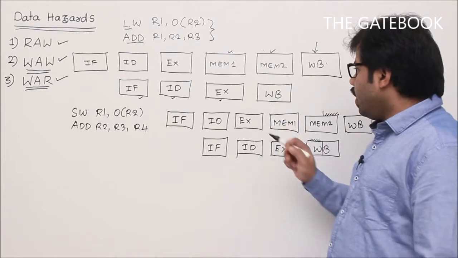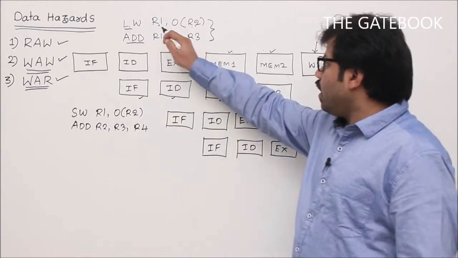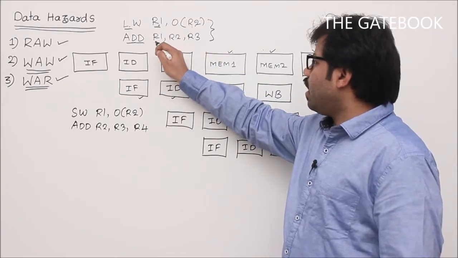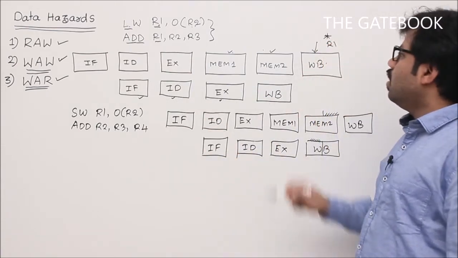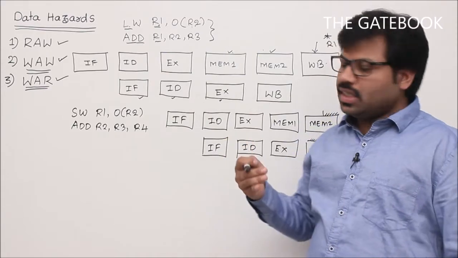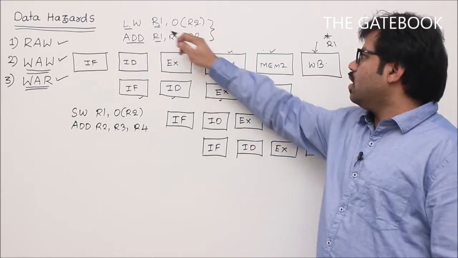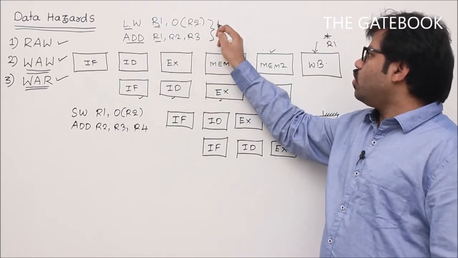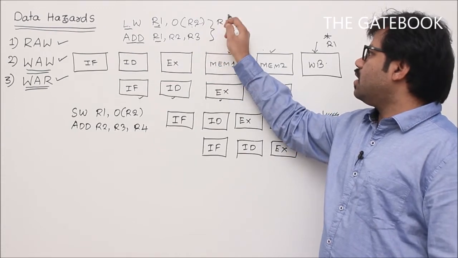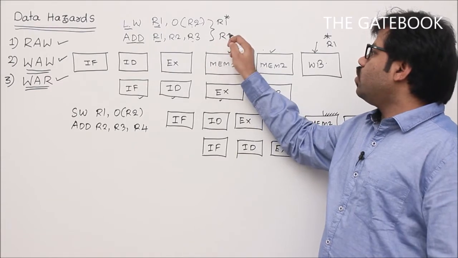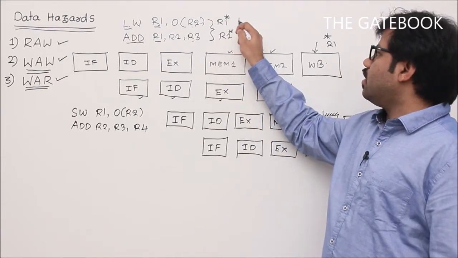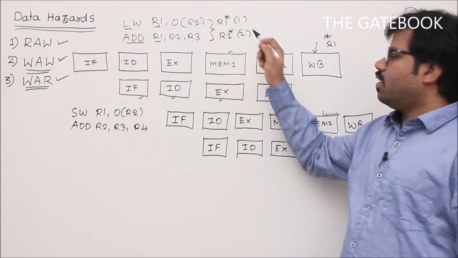If you see carefully, you are actually updating R1 here and updating R1 here. Let me write R1 star. But according to our programming logic, when you have these two instructions, first of all the load word should update R1. Because of this instruction R1 should be updated first, then because of this R1 should be updated next, correct? This should be first, this should be second.